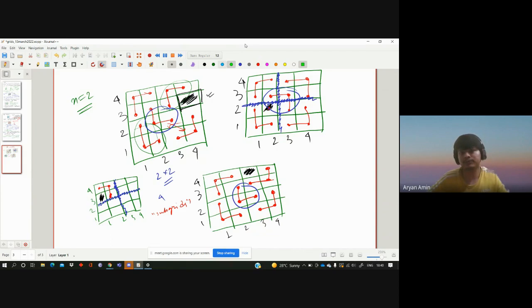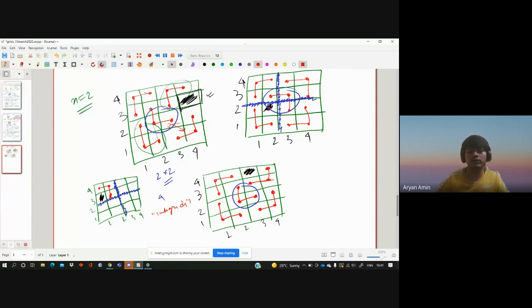So think about it again. Three grids which are 2 by 2, and we need to remove one square from each of them, because we know that whenever we remove one square from a 2 cross 2, we can cover the rest with an L tromino, right? So can you think of a way to remove one square from each of the three grids?